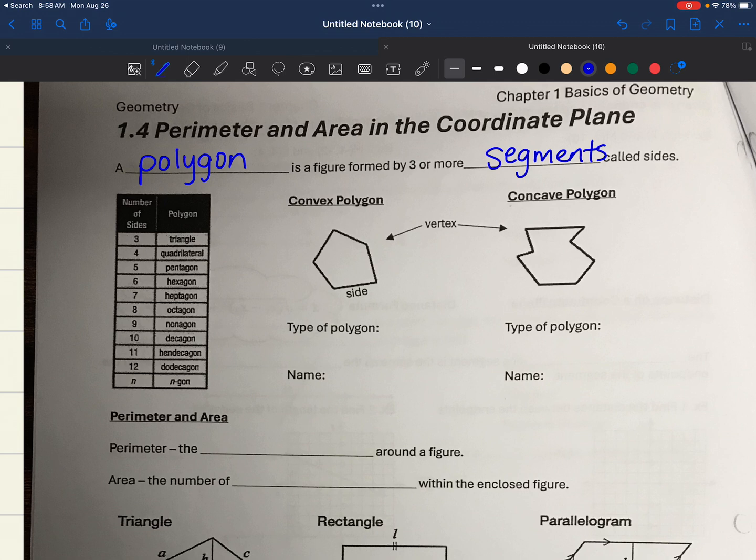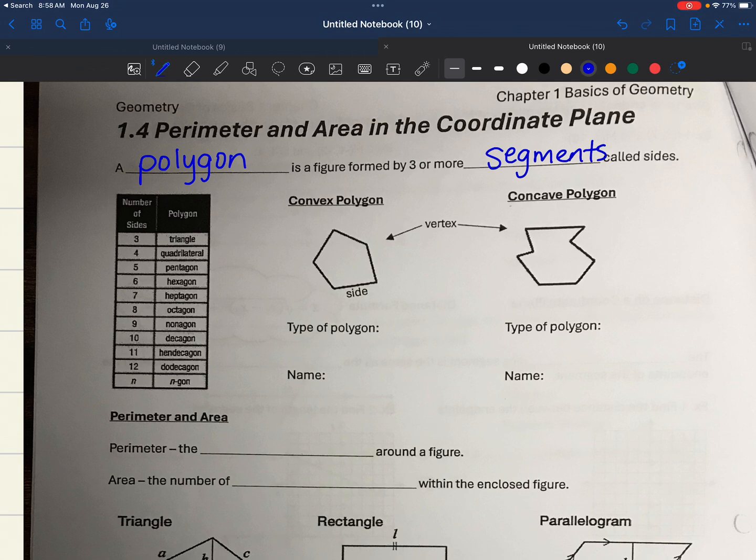Triangle, quadrilateral, pentagon, hexagon, heptagon, octagon, nonagon, decagon, hendecagon, dodecagon, and then anything after that is listed with a number, right? So if it has 13 or more sides, we just call it like a 15agon or whatever, okay? Because it is possible to have that many or more.